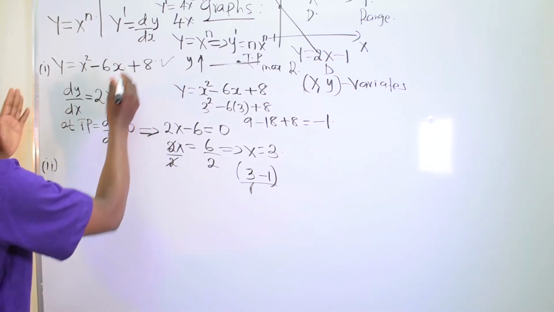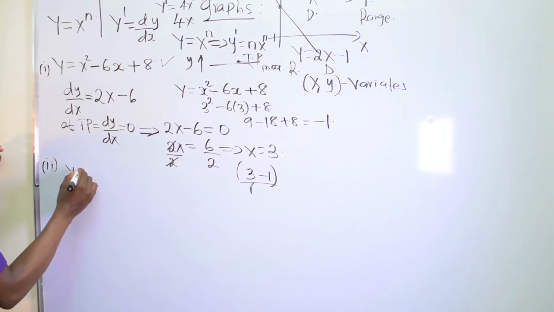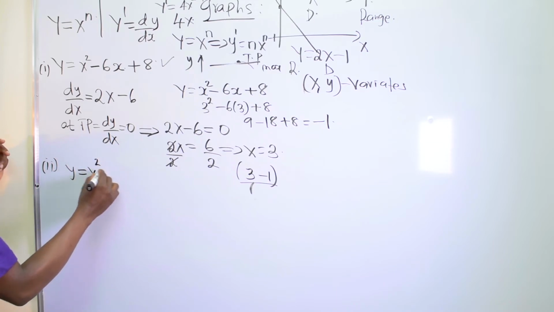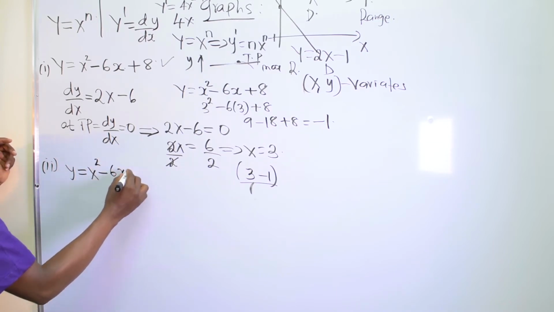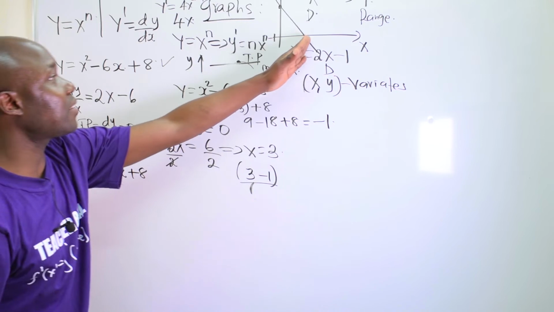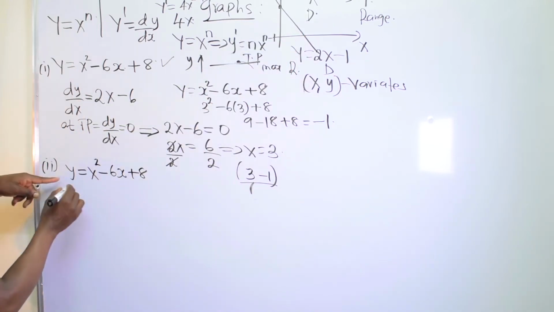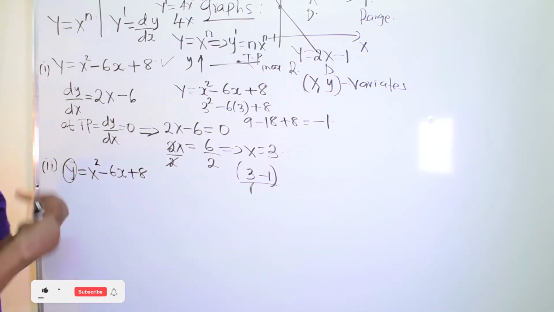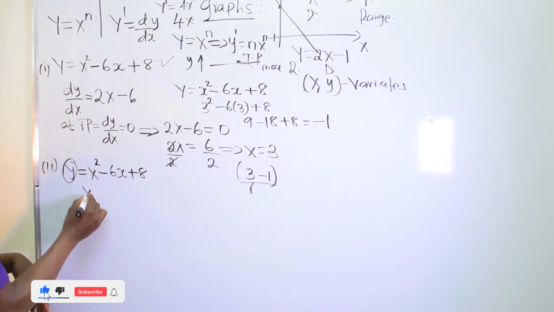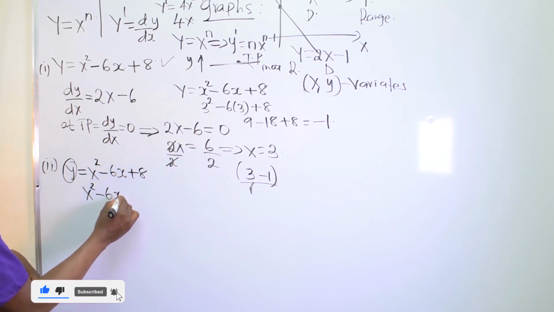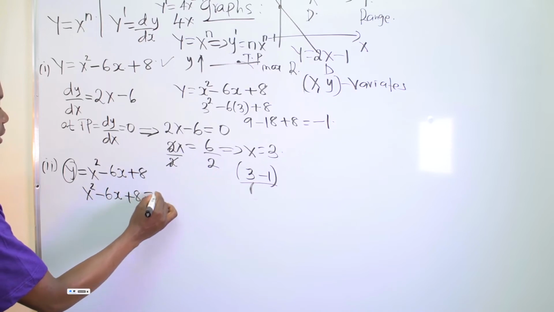So you take your equation here, y equals x squared minus 6x plus 8. At the x-intercept, y is 0. So instead of writing this value of y, we write it to be 0. We write our x squared minus 6x plus 8 equal to 0.